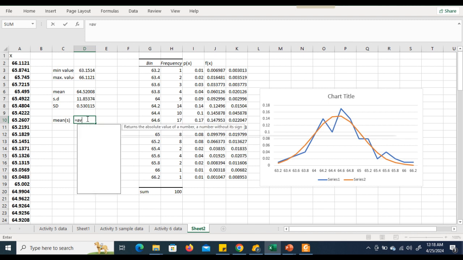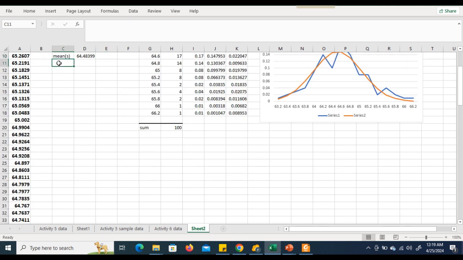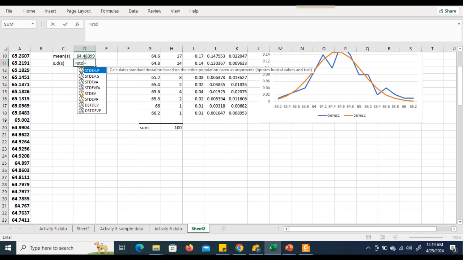So we calculate average, control shift down, and if we calculate standard deviation of a sample, sorry, so we need to use the formula of standard deviation of sample, because here we are using sample only, so I'm choosing the formula of sample standard deviation.